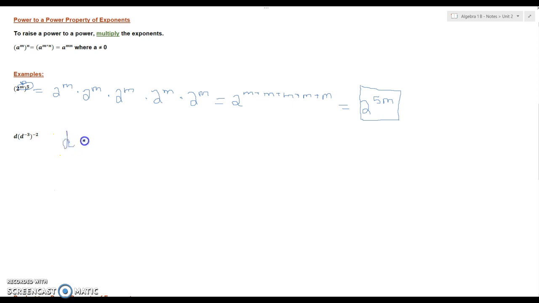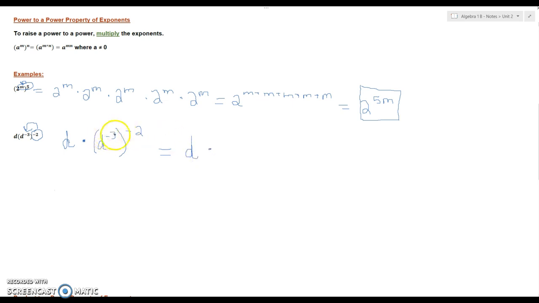And I'm going to separate this out so it's a little clearer. This negative 2 exponent is only going to what is in parentheses. So we have d^-3 to the negative second. And so our single d stays the same.